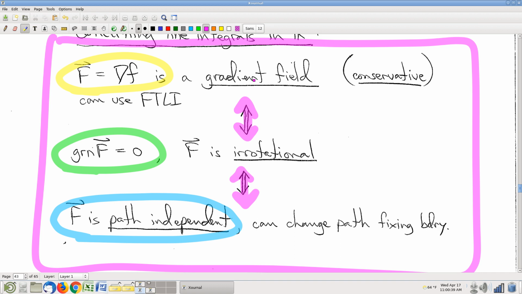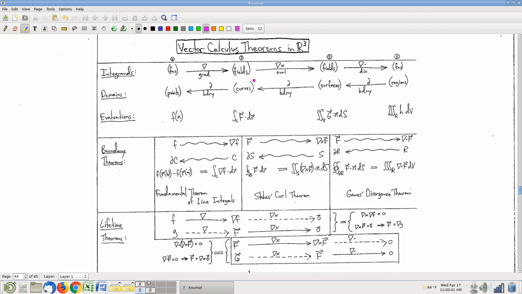That pattern holds in R3. Vector fields that are gradients are also vector fields, well, not Green's operator anymore, but vector fields for which the curl is equal to 0, which are also vector fields that are path independent, and therefore any two curves with the same boundary points give the same value of the line integral.